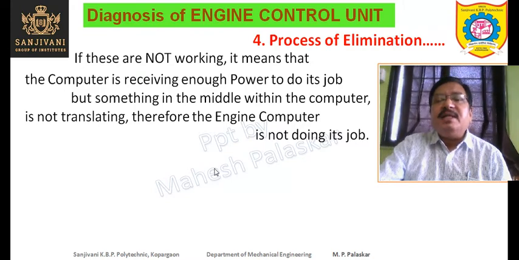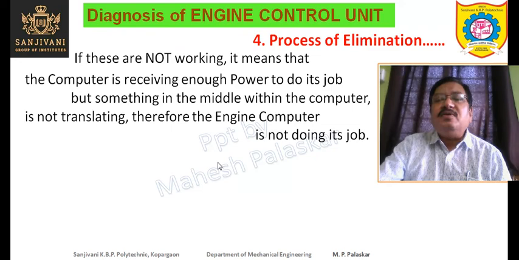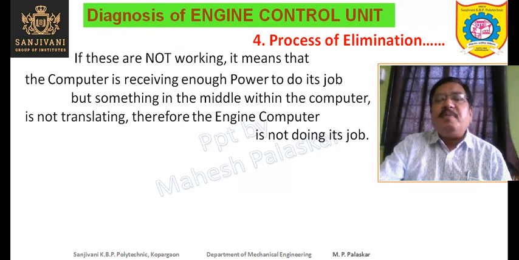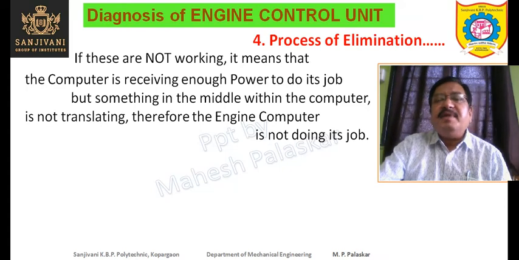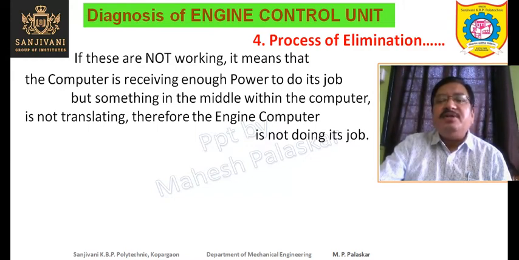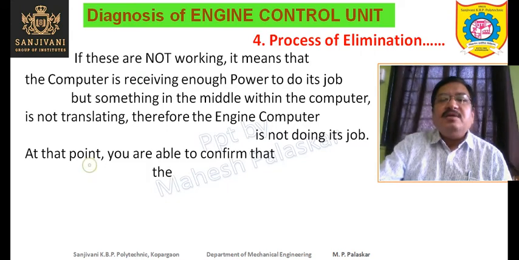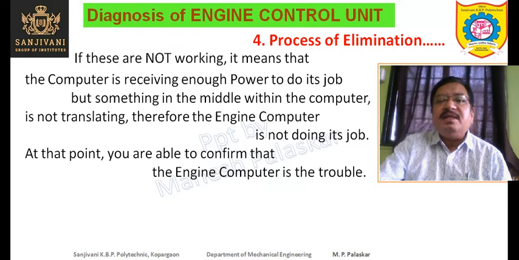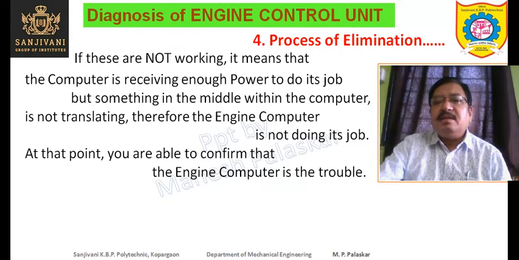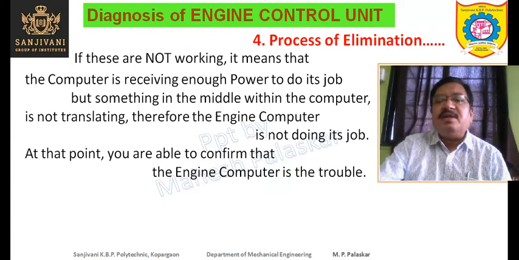If proper signal is not reaching the various actuators, the spark plug, the fuel injectors and the various output devices, it means that the engine control unit is not doing its job properly. That means there is a problem in the engine control unit. At this point, it is confirmed that the problem is in the engine computer.